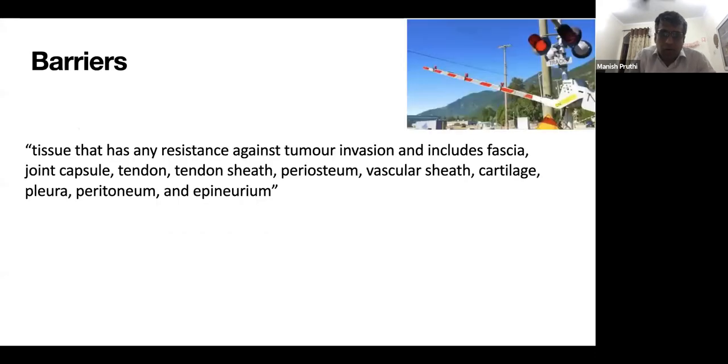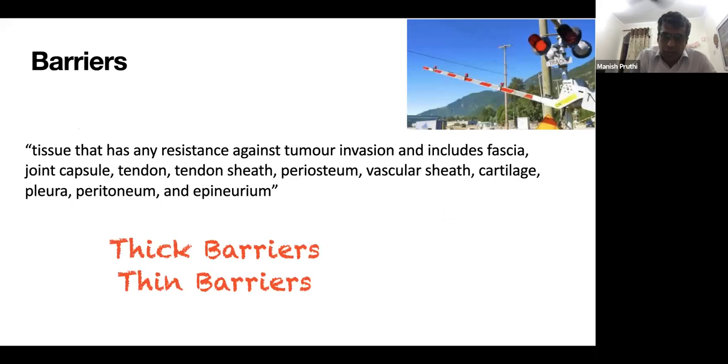So what they have described is what we call barriers. These are the tissues that have any resistance against tumor invasion, which can include fascia, as I have mentioned, joint capsule, tendon, periosteum, cartilage, pleura, peritoneum, and epineurium.